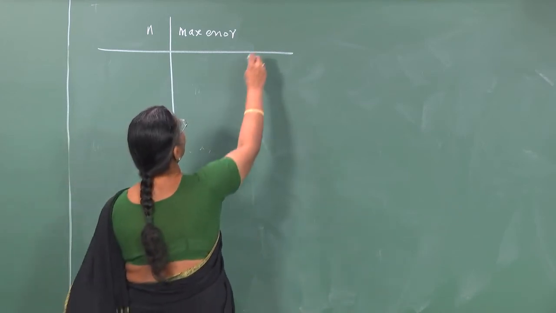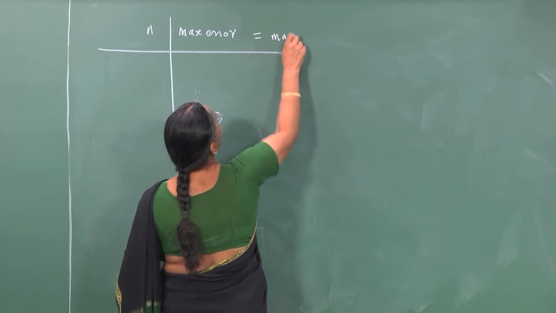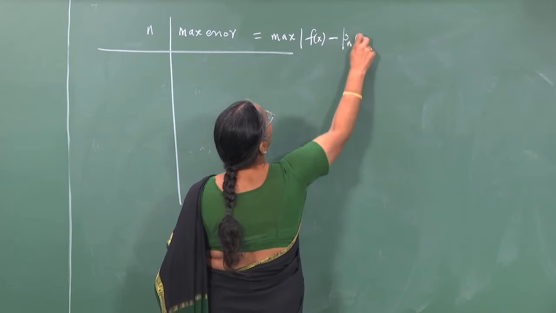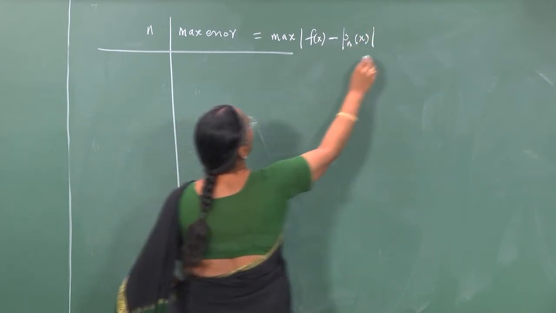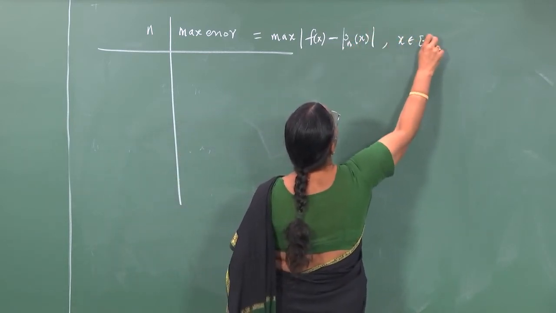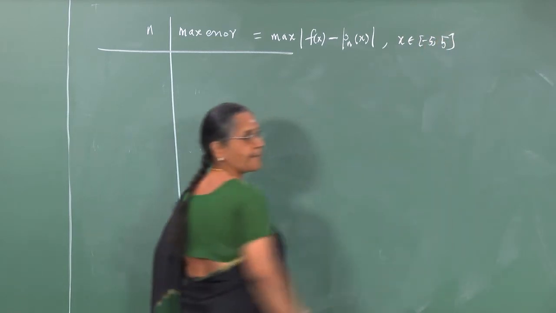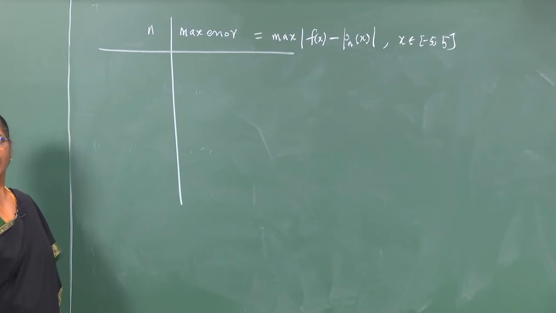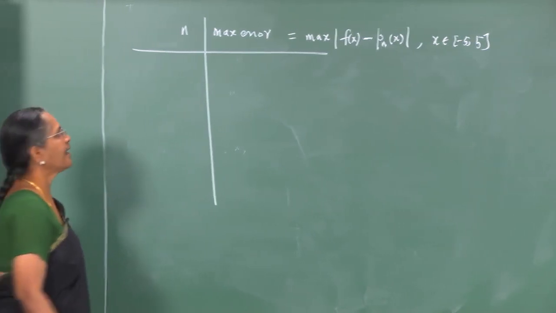What is the maximum error? It is the maximum of the difference between the function f(x) and Pn(x) for x in this interval -5 to 5. We know the expression for it and we can always evaluate the bound on the error.